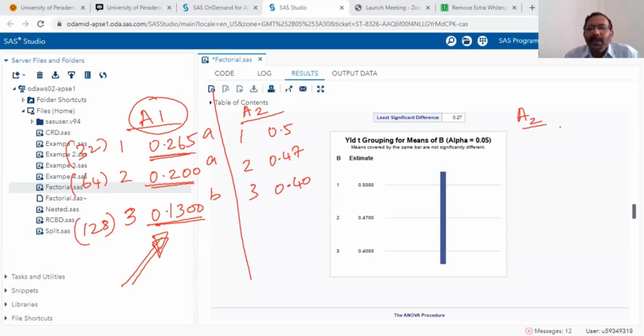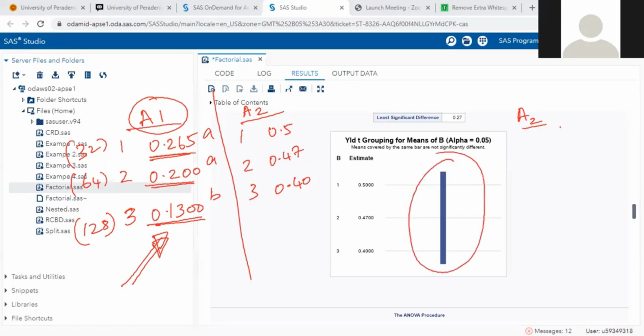Why is 0.4 good? Look at this. No. Look at the colors. Are there different colors or the same color? 1, 2, 3. Same color.